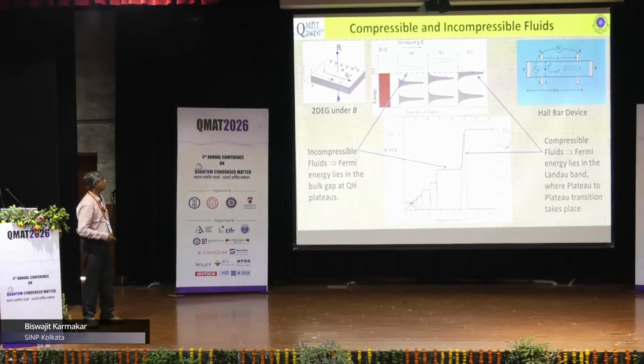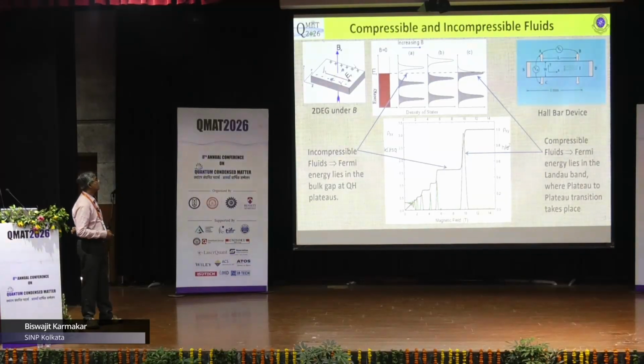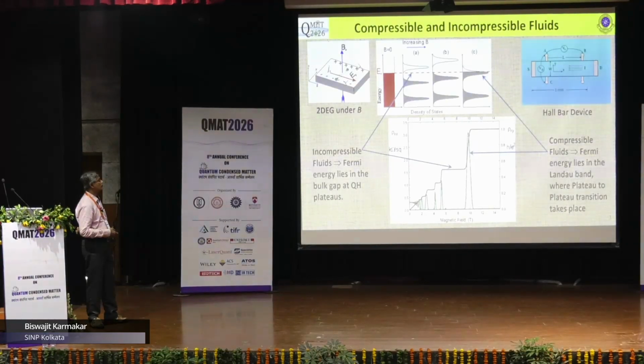Now, we want to work in the compressible regime, so we introduce what is compressible and what is incompressible. Under a high magnetic field there are Landau levels. When the Fermi energy lies in the gap between two levels, the density of states is low and the system is incompressible, where you see the quantum Hall plateau.